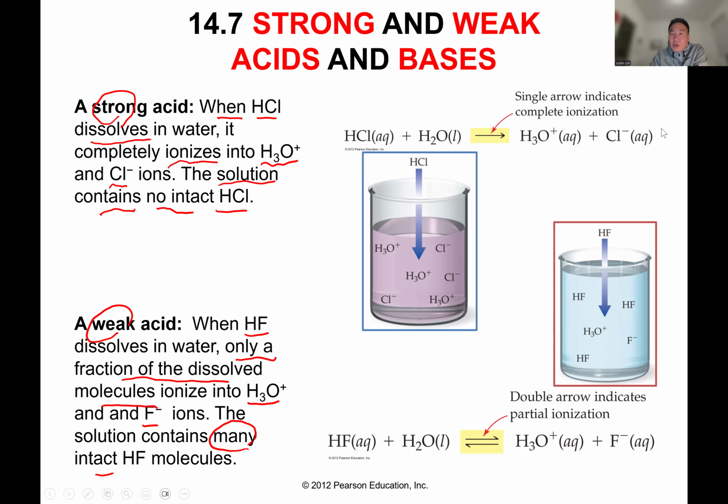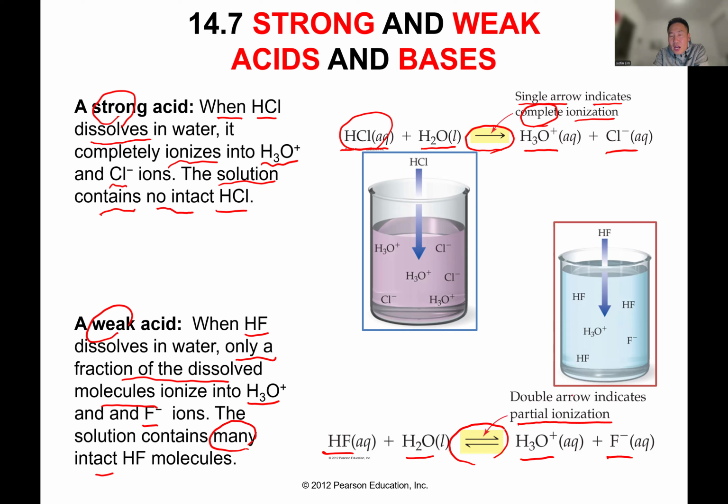So when you see the chemical equation, hydrochloric acid with dihydrogen monoxide to generate hydronium ion and chloride ion, you can see a single arrow. What does it mean? A single arrow indicates complete ionization. Okay, that's a strong acid. Hydrofluoric acid reacts with dihydrogen monoxide to generate hydronium ion and fluoride ion. You can see double arrows. What does it mean? That's a partial ionization.